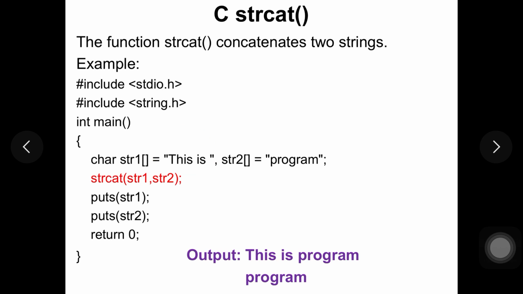Okay, so these 4 functions are used for manipulating strings, and they have to be used with the string.h header file. This is already defined in the C library, which is stored in string.h. So whenever we use these 4 functions, it is compulsory to use string.h as the header file.